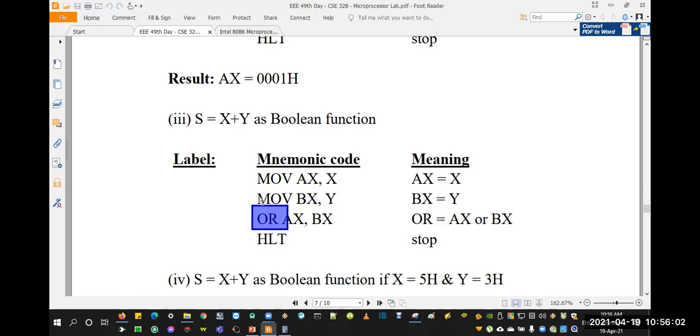If you use AND instruction in a Boolean function or logical function, then you will get 0, because the whole program will become meaningless and not correct. So when you see in the question that you have to do Boolean calculation or Boolean function, or you are given a Boolean or logical function, then you must use AND, OR, NOT, such kind of instructions.